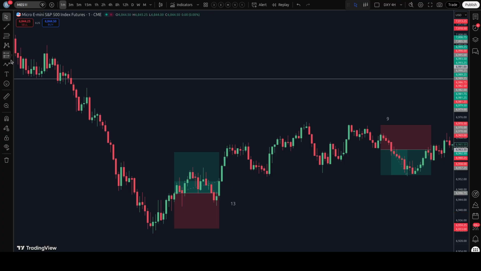Here's a nice winner to start the day. I don't trade before 10, so I started all this at 10 o'clock. And I don't go past 3 usually.